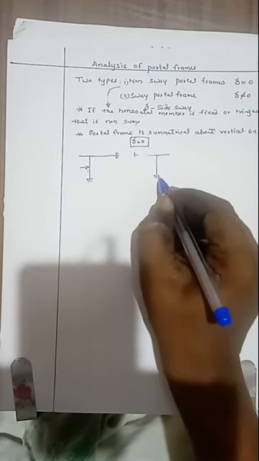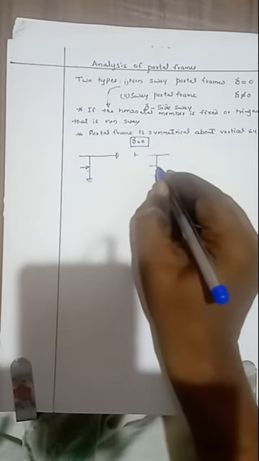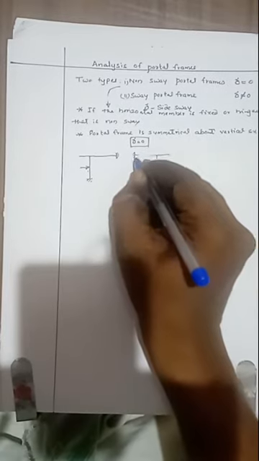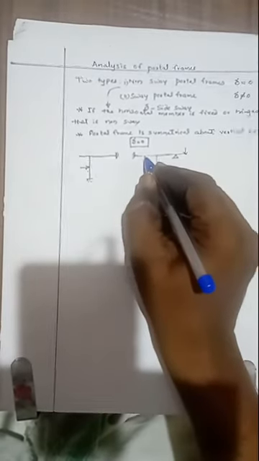It is subjected to the load like this. Here this one is the load, this one is fixed, and this end is on hinge, and there is a small portion overhanged like this. This one is a non-sway portal frame, since the horizontal member is fixed.